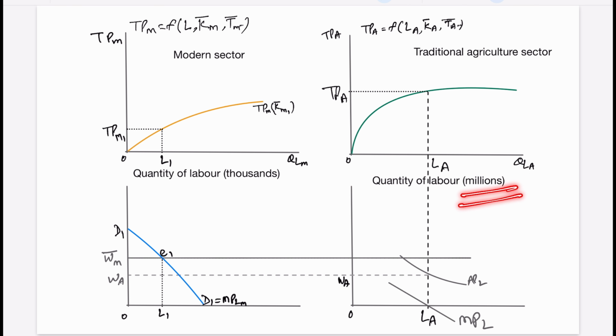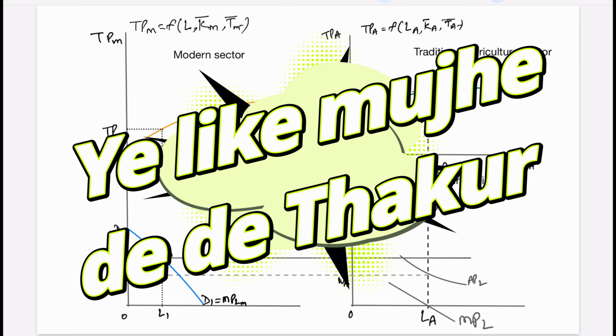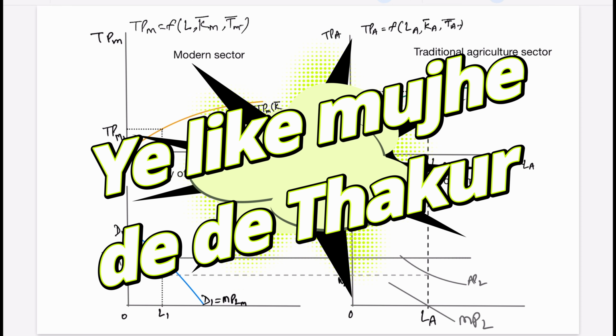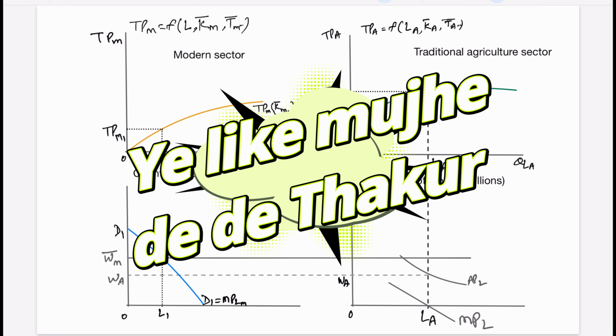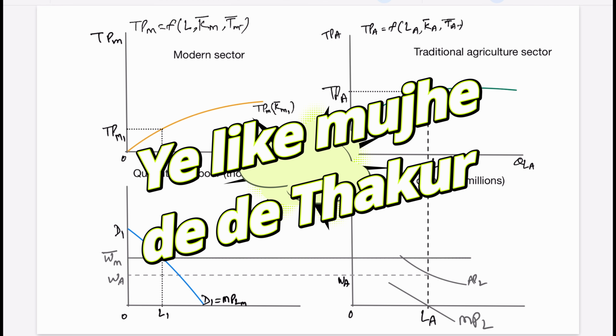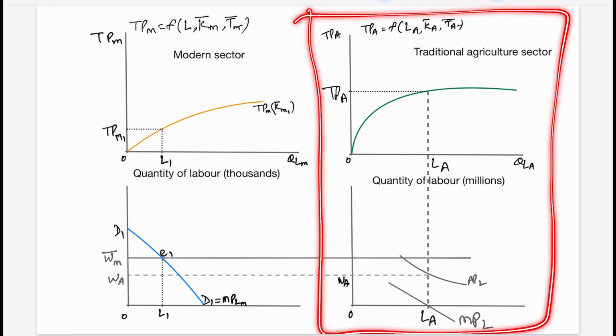You can see that the quantity of labor here is in millions, while the industrial sector has only workers in thousands. This indicates that possibly the agricultural sector is very, very large compared to the manufacturing sector or industrial sector. So now see, first let's discuss this agricultural sector.